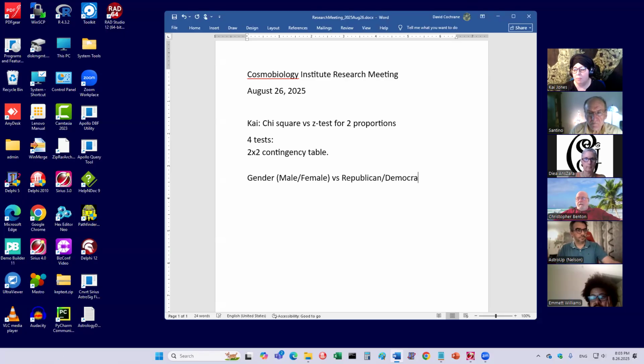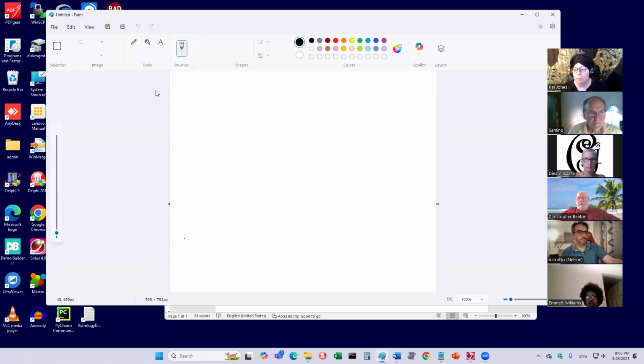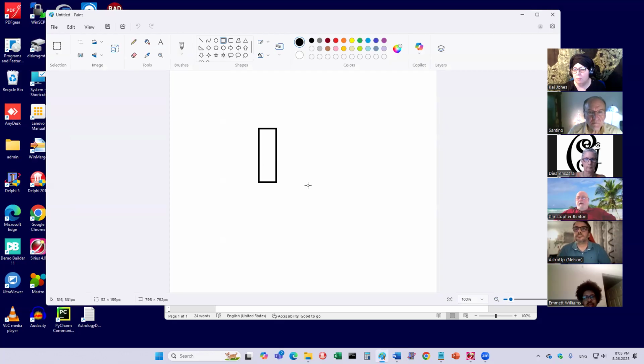So you can imagine a two by two table where one column might represent men, another column might represent women. And then if you look at the rows, one row could represent voting for the Democratic candidate, another row for the Republican candidate.